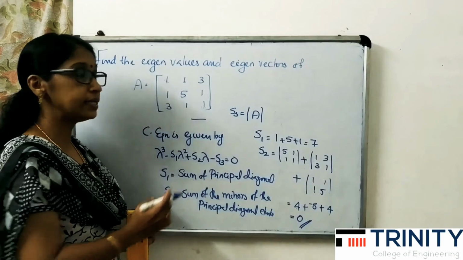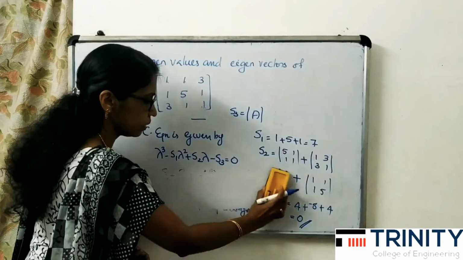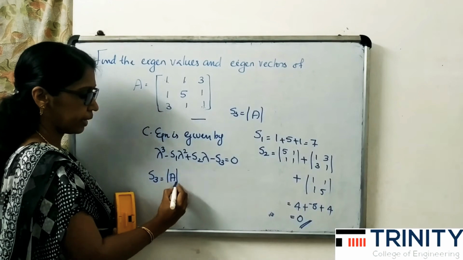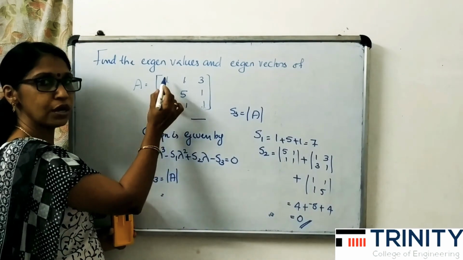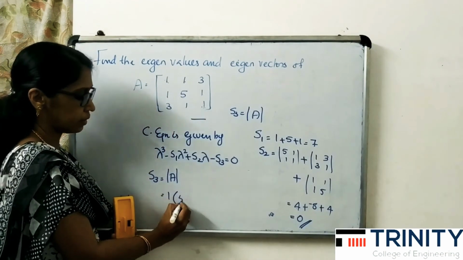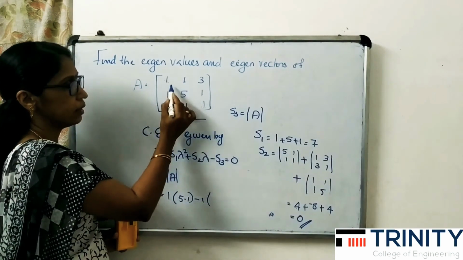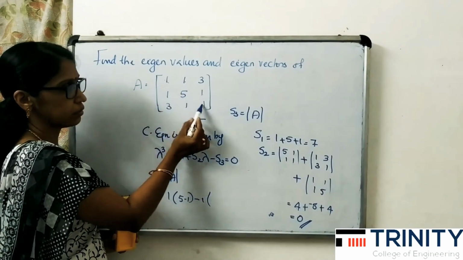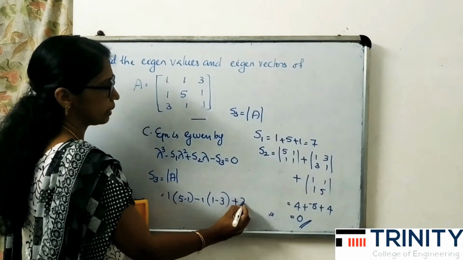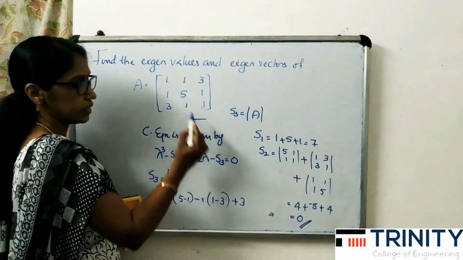Now we have to find the determinant of A, that is S3. We all know how to find the determinant: 1 into (5 minus 1), minus 1 into (1 minus 3), plus 3 into (1 minus 15).